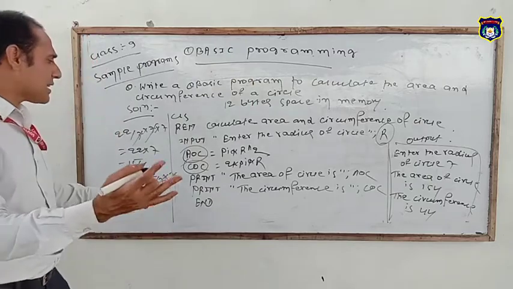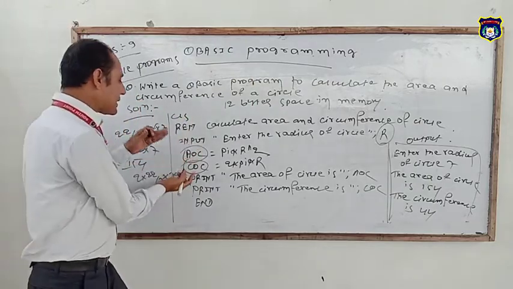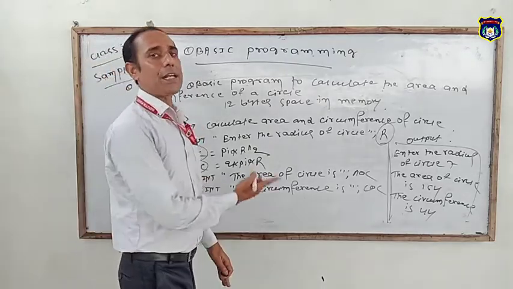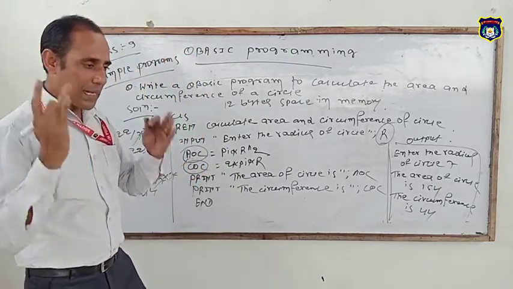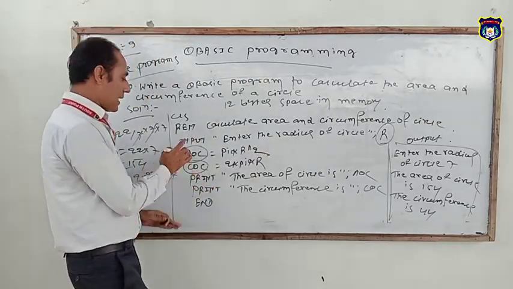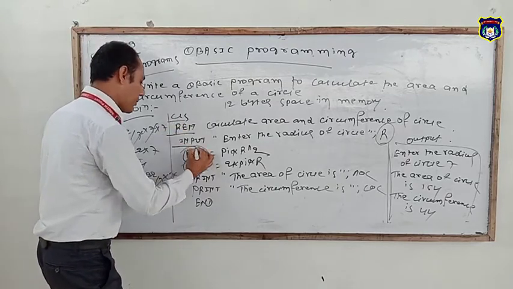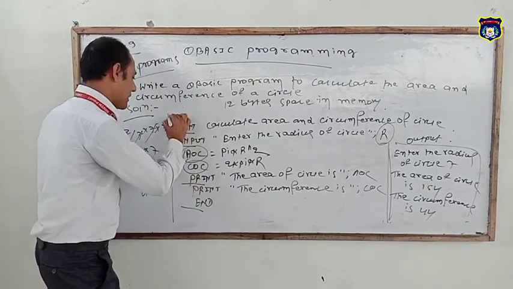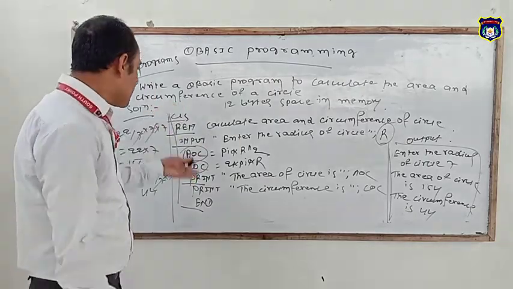Why is it called single precision? Because it hasn't used any sign. The variable which doesn't use any sign is called the default variable. Single precision is the default variable. CLS, REM, INPUT, PRINT, END: these are all called QBasic statements.